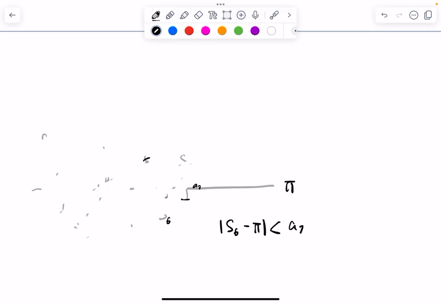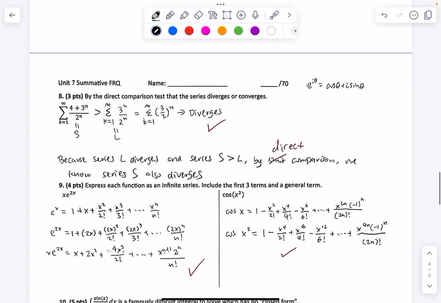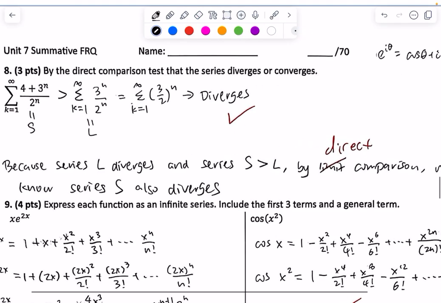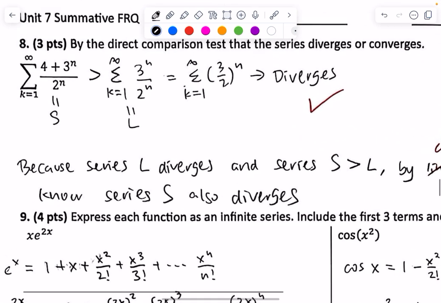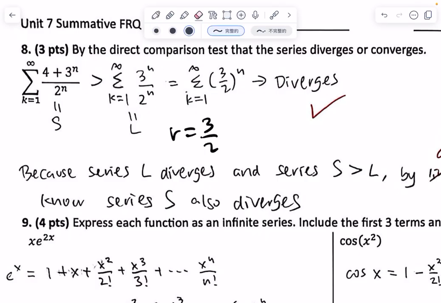All right, first page done. Let's move on to the next page. By the direct comparison test, show that the series diverges or converges. If we have a series L that is 3 to the n over 2 to the n, this series will diverge because this is basically a geometric series with r equal to 3 over 2.